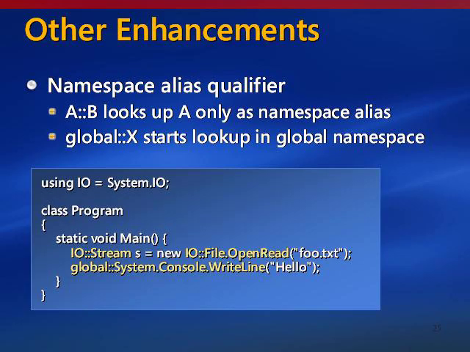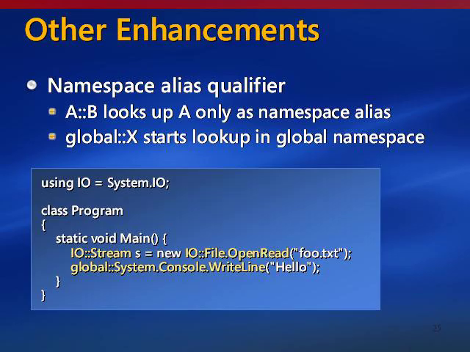Namespace alias qualifier. It's sort of down in the deep stuff here a little bit, but one of the things that we have observed over time is that when people write code generation tools, sometimes you run into versioning issues where the code generator wants to make sure to generate a reference to, say, system.console.writeLine.